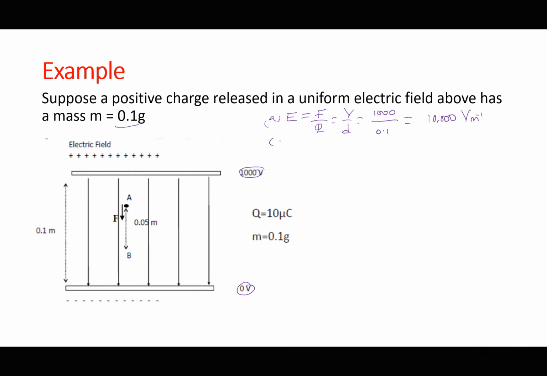If I want the force acting on the charge placed in the field, that is part B. The force is equal to Q times electric field strength. They have given us Q here, so we can say 10 times 10 power negative 6 (10 microcoulombs) times the electric field strength, which is 10,000.